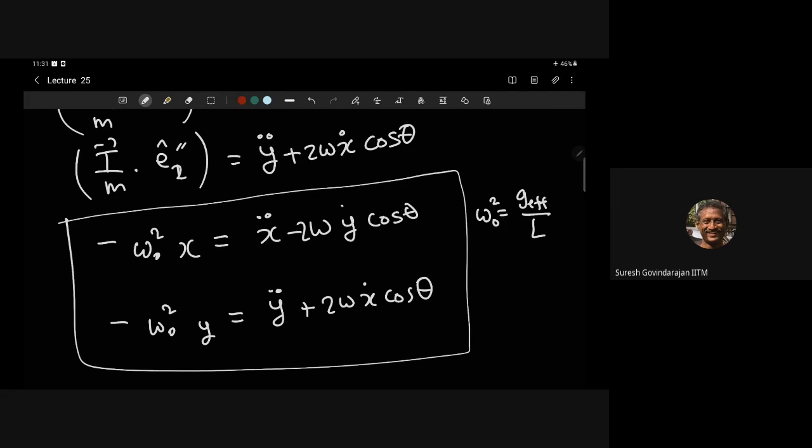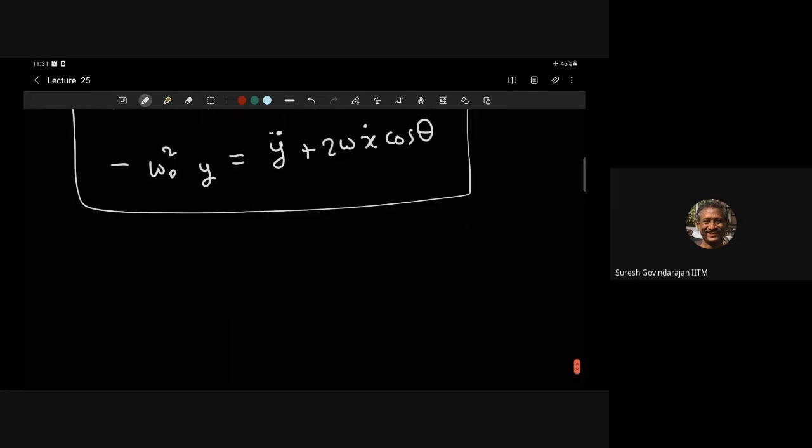Now we want to solve this, and I will solve it in the following way. I will say U equal to X plus I Y, where I is square root of minus 1.